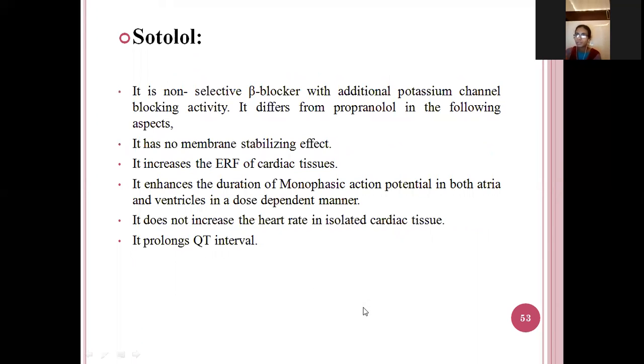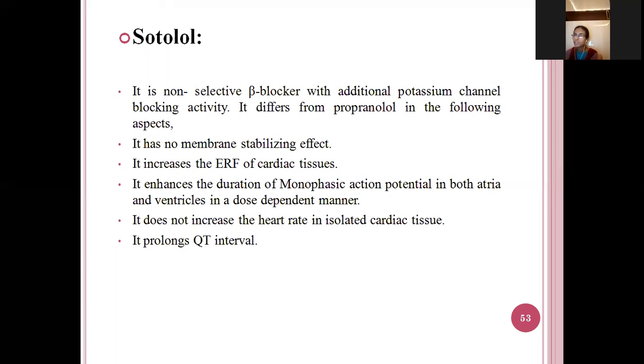So the first drug is sotalol. It is a non-selective beta blocker with potassium channel blocking activity. It differs from propranolol for the following reasons: it has no membrane stabilizing effect, it increases the ERP of cardiac tissue, it prolongs the QT interval, and it does not increase the heart rate in isolated cardiac tissue.